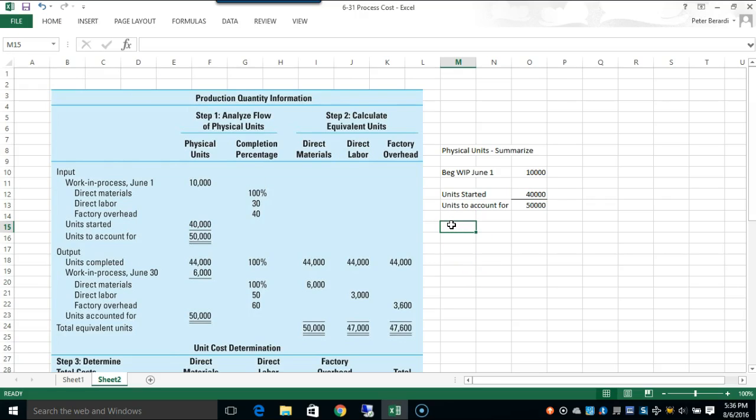Bottom half will be WIP, ending WIP, June 30th, 6,000. Units completed, 44,000.